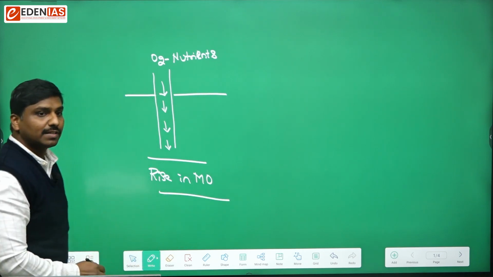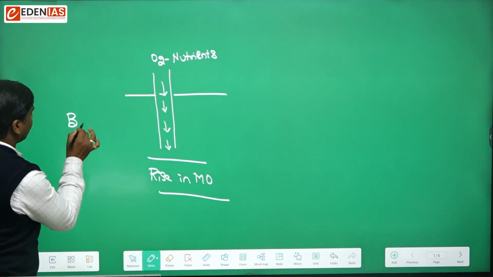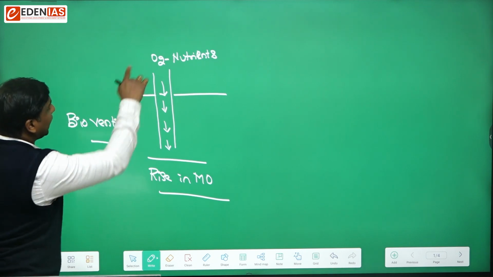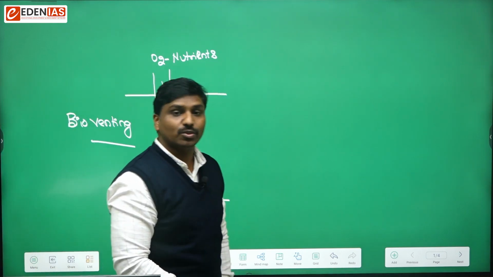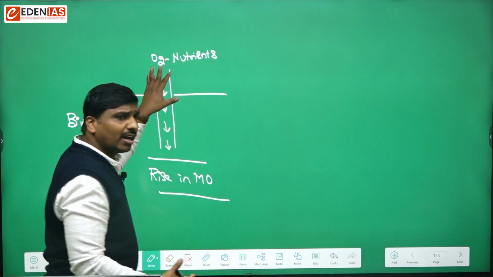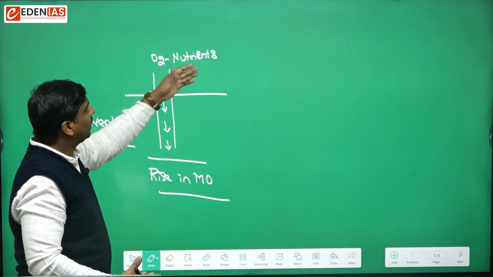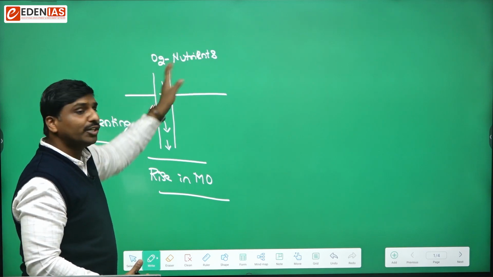So this process is known as bioventing. We are creating some vents, and through this we are supplying oxygen and nutrients. So that is bioventing. Here we are not using any force, we are making the vents and we are supplying the oxygen, air and nutrients normally.